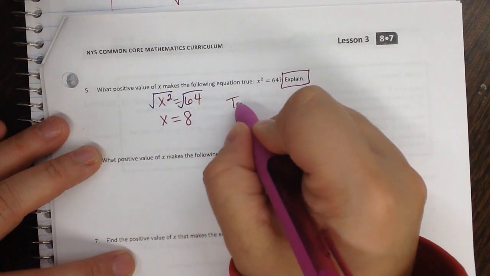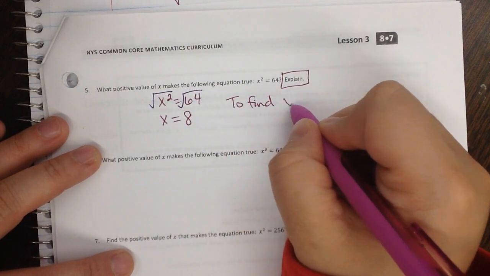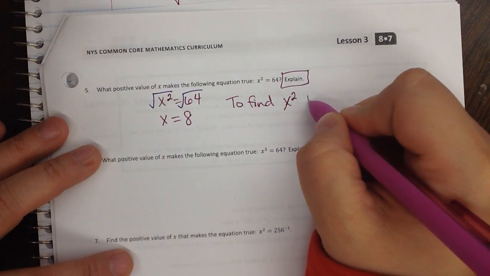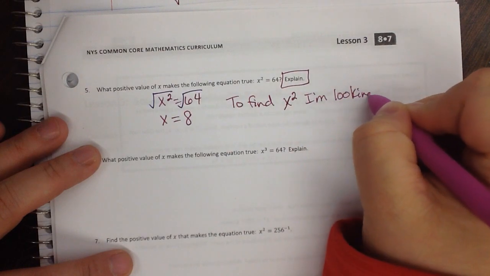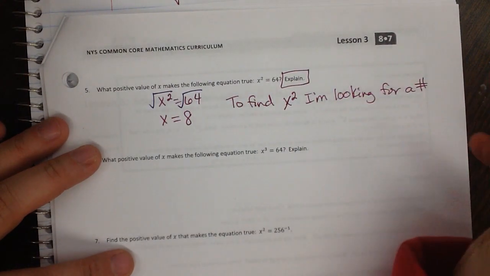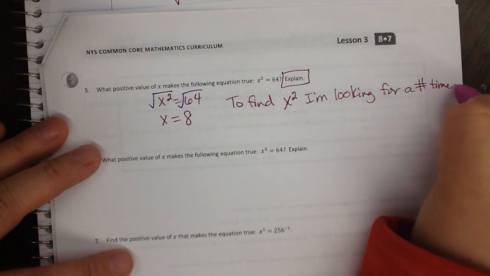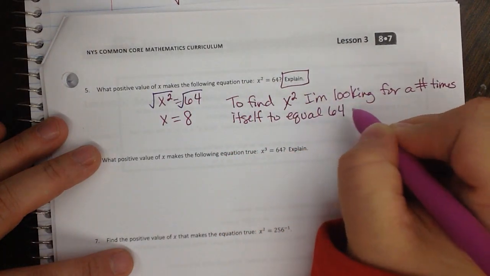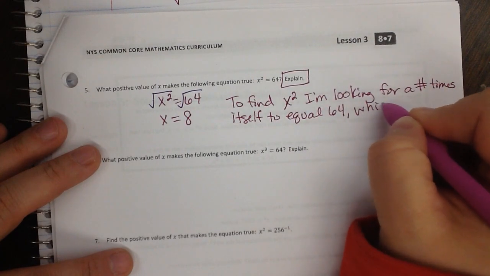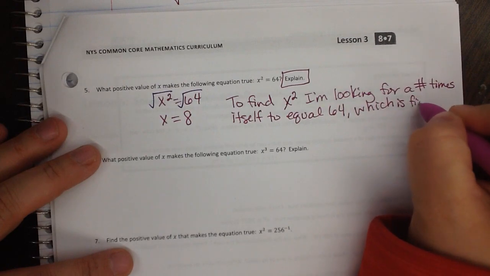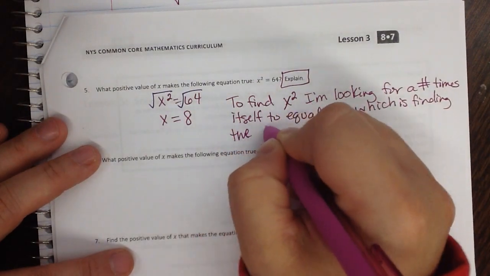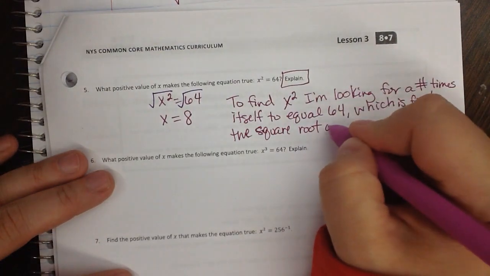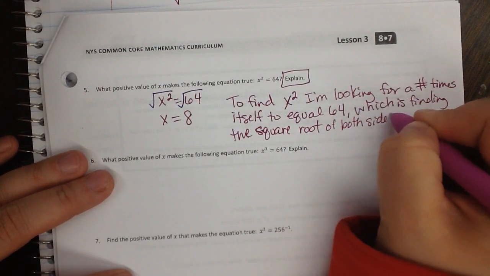So to find x squared, I'm looking for a number times itself to equal 64, which is finding the square root of both sides.